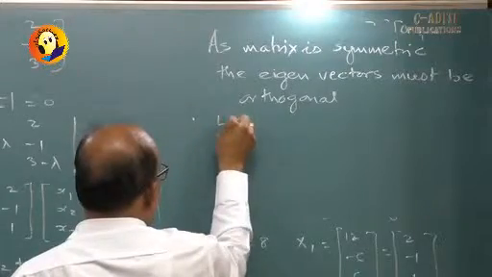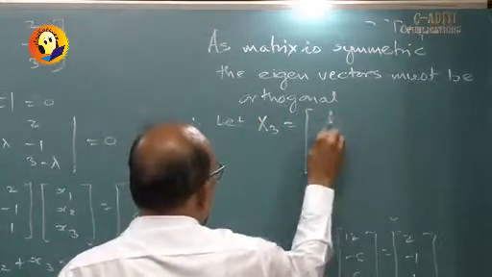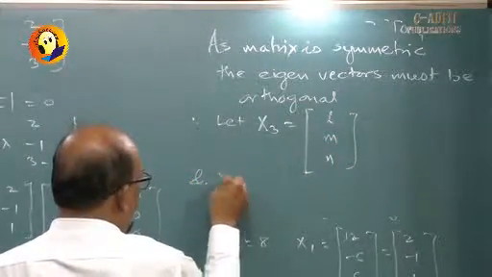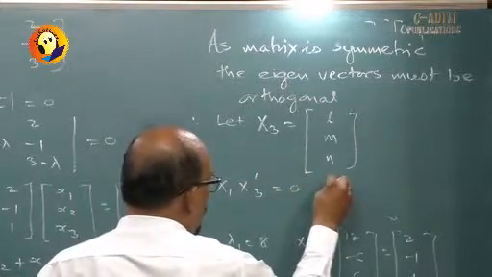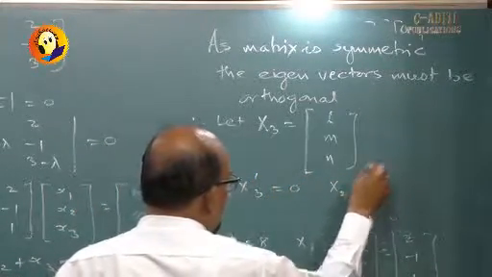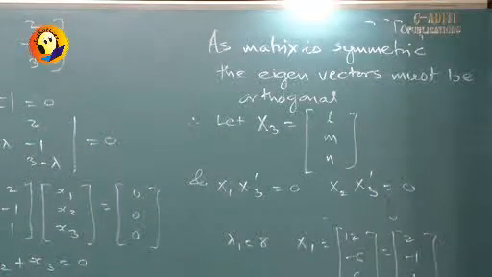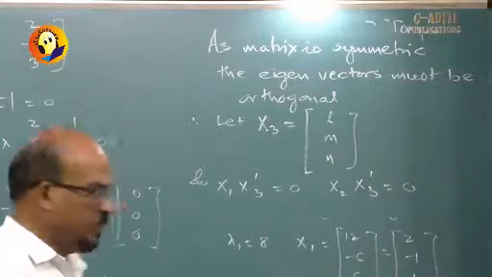Therefore, let capital X3 be LMN, and X1 X3 dash should be 0 and X2 X3 dash should be 0. So this third vector is assumed, and it should be perpendicular to this as well as this.